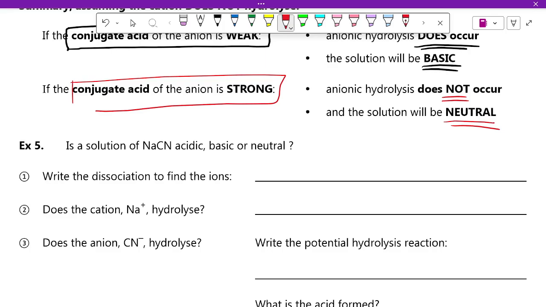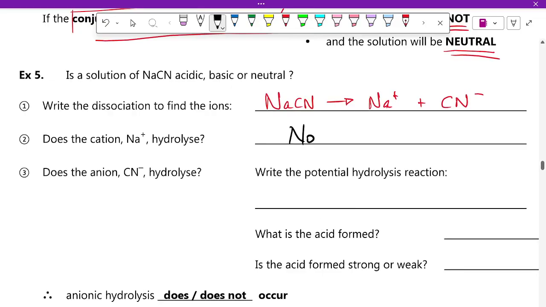Hopefully you found the ions: NaCN dissociates into Na+ and CN-. Sodium is a metal, no. Potential hydrolysis reaction, CN-. What do we have to react with it if it's hydrolysis? Water. And we end up with HCN and OH-.